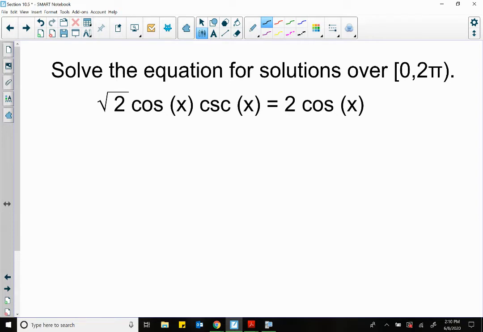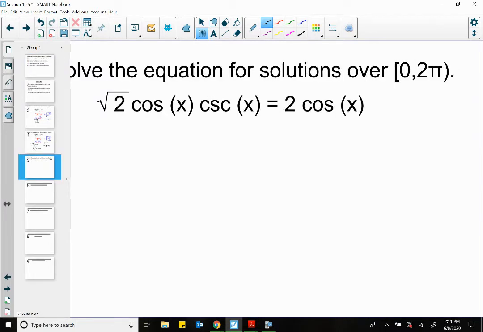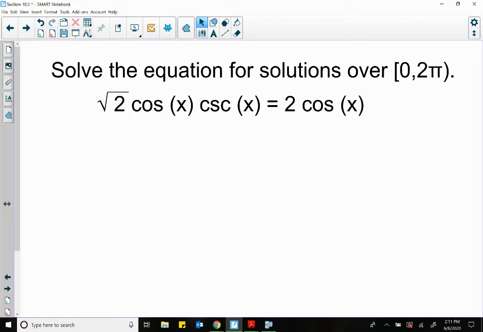Remember how I told you that we want to isolate the trig function? The problem is I've got two trig functions. Generally when there are two trig functions, I'm going to look to these last three. Maybe there's some factoring that can happen, or the quadratic formula. Remember, in order to do factoring or the quadratic formula, you have to be set equal to 0.